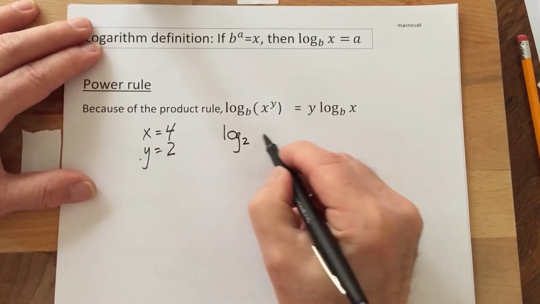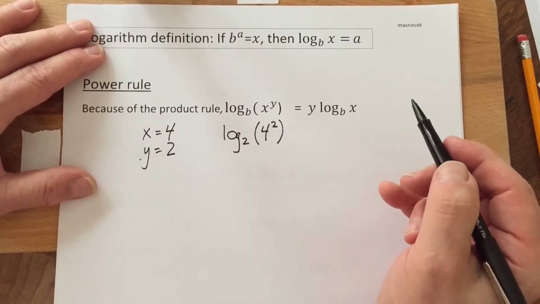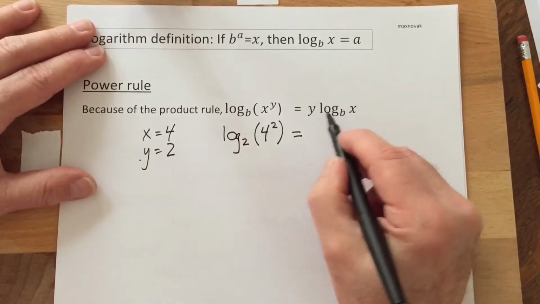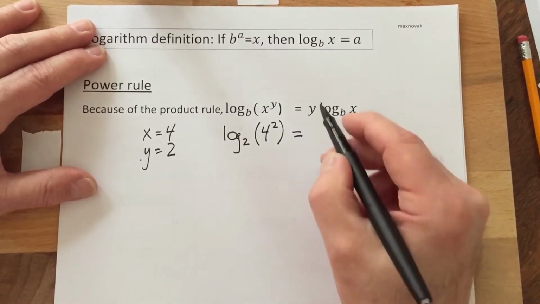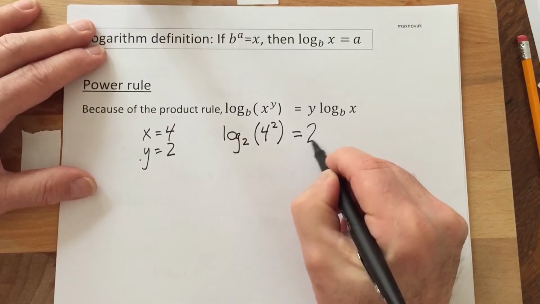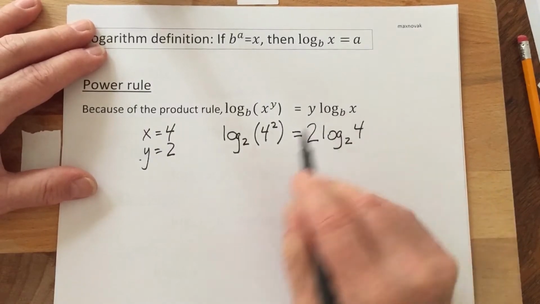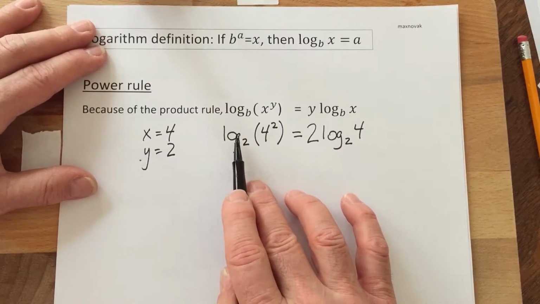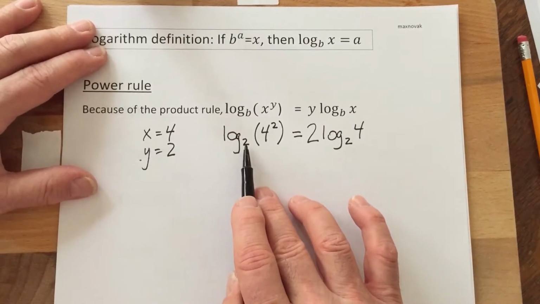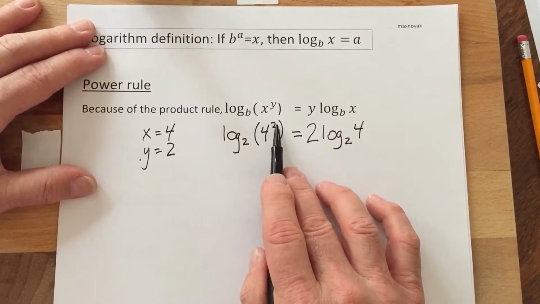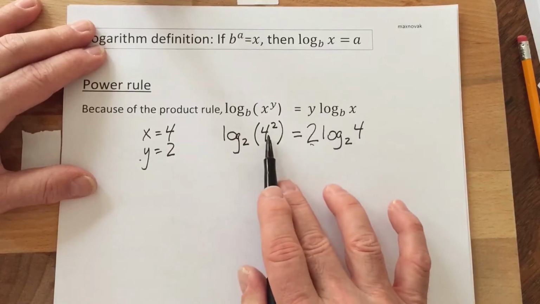Log base 2 of 4 to the power of 2 equals, and this may not look right, but it is so, 2 times log 2 of 4. That is, the log base b of some number raised to a power equals that power times the log of the number that's raised.